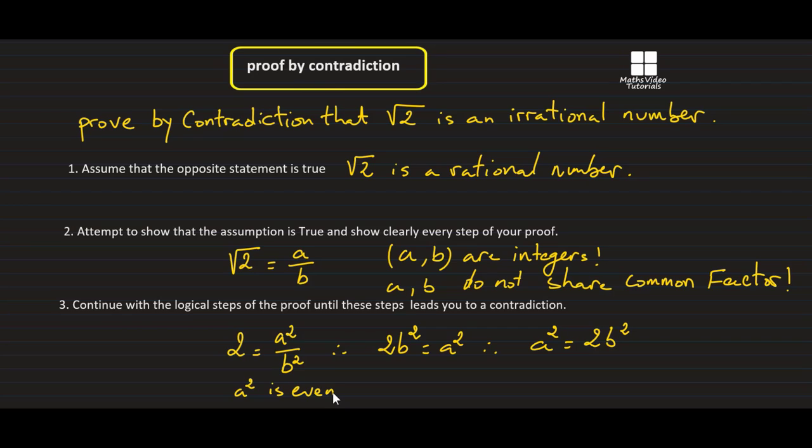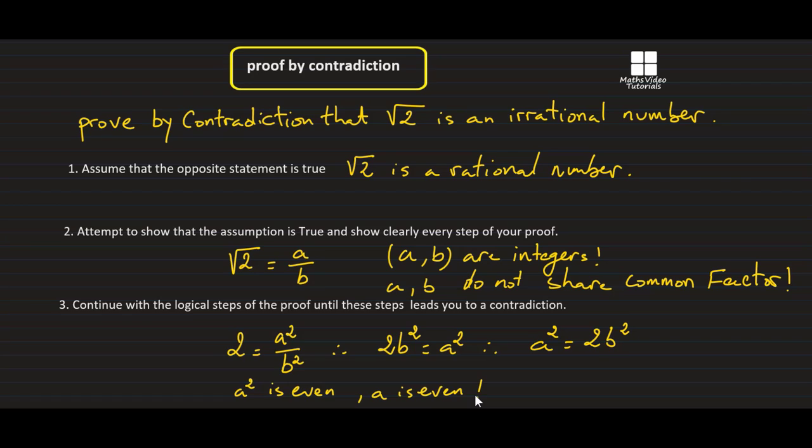Now, if a squared is even, you should also know, and this is a mathematical fact, of course, a is even. So that's good because we have found out a little bit about a. We don't know the value, it doesn't matter. We just know what type of number it is.